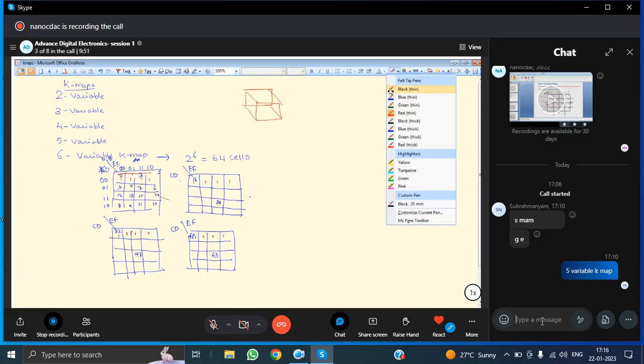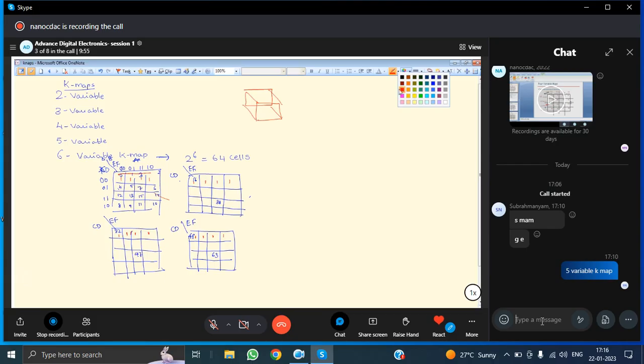Here I cannot actually draw, it's very difficult to draw a 6 variable K map. All these minterms form only one group.